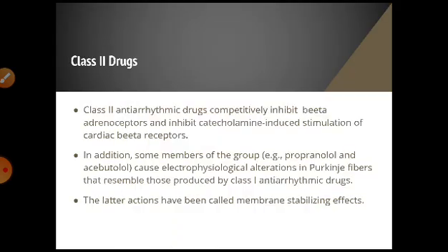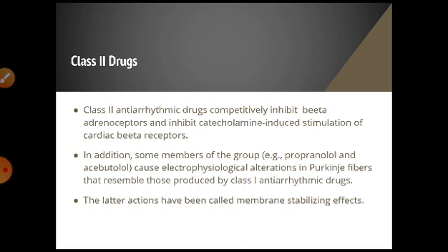Now move to the class 2 drugs. Class 2 antiarrhythmic drugs competitively inhibit beta adrenoceptors and inhibit catecholamine induced stimulation of cardiac beta receptors. In the last video, I discussed the stimulation of the cardiac heartbeat because of the intervention of norepinephrine.